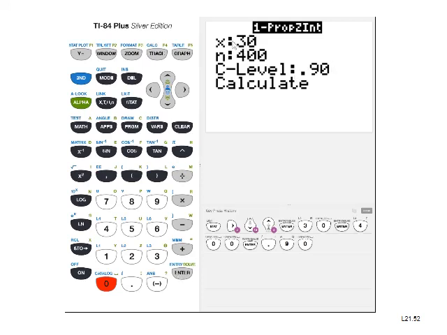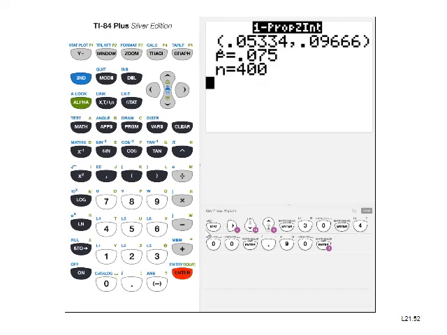So I've entered 30 for x because that's the count in my sample. I've entered 400 for n because that's the sample size. And I've entered 0.90 for C-level because I want a 90% confidence interval.